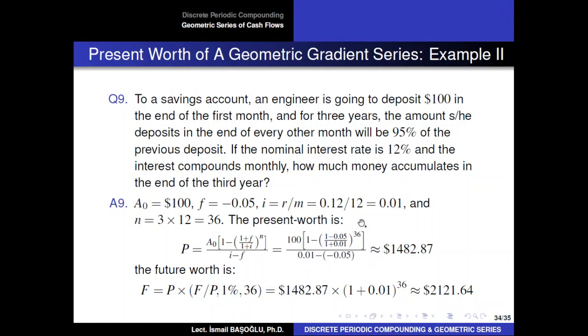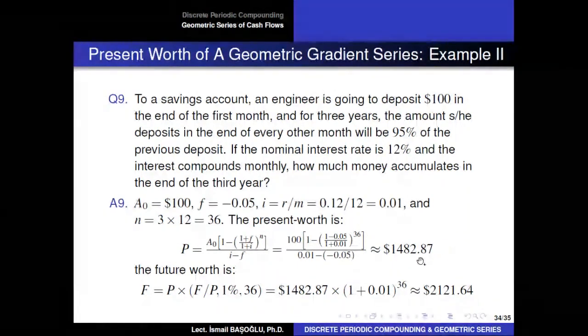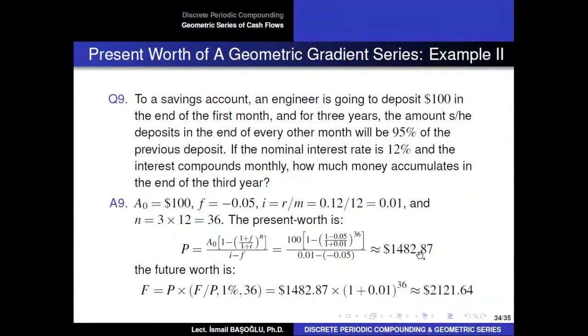In the end, when you calculate the present value, you realize that the present value of this 36 months payment plan is $1,482.87. And the future worth is what? The question asks you the total accumulated amount at the end of the payment period. The future value is the principal amount times the single payment compound amount factor for 36 months under 1% interest rate per month.